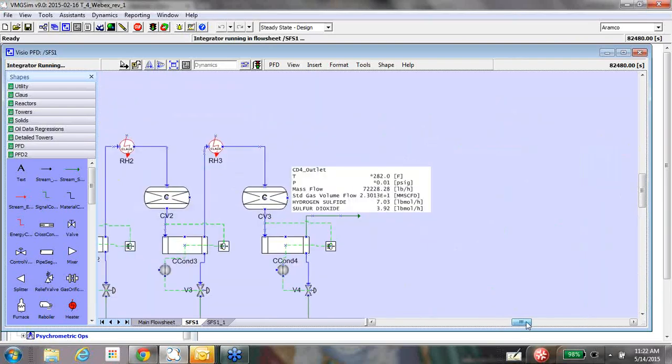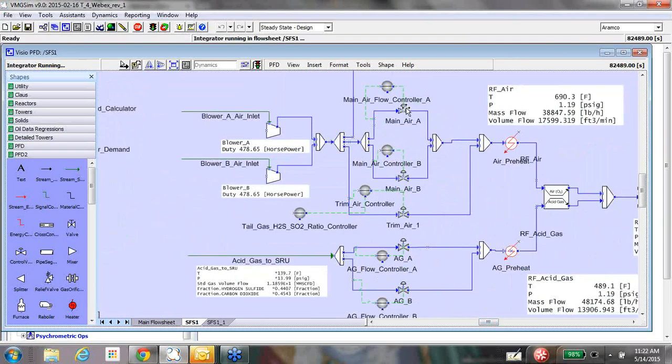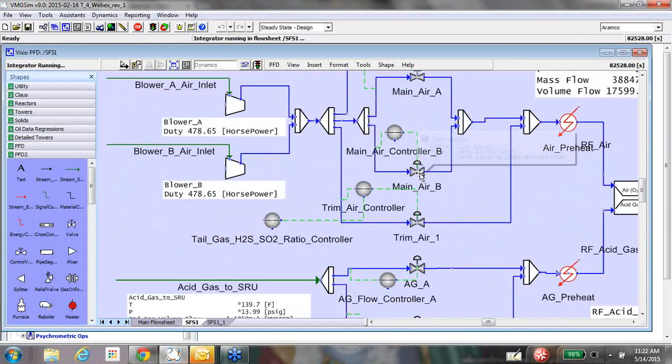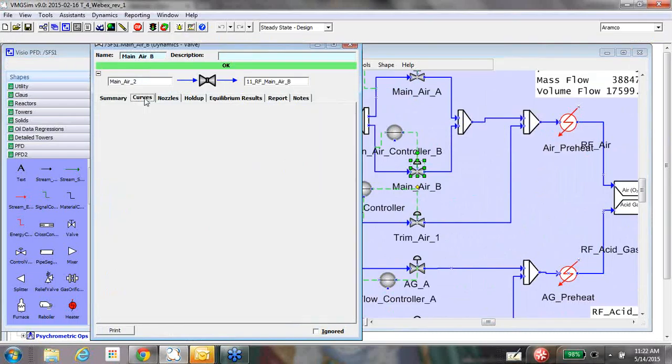Other things I would like to also mention is, for example, valves. So in this model, we collected the data from our client regarding valve curves, its characteristics, sizing, and stuff, and we incorporated those things here.